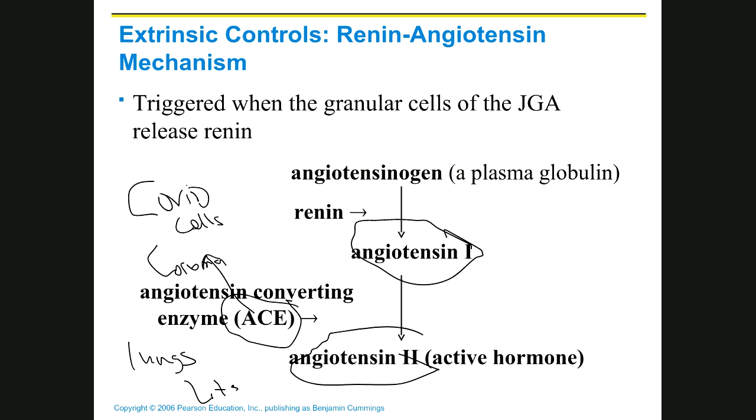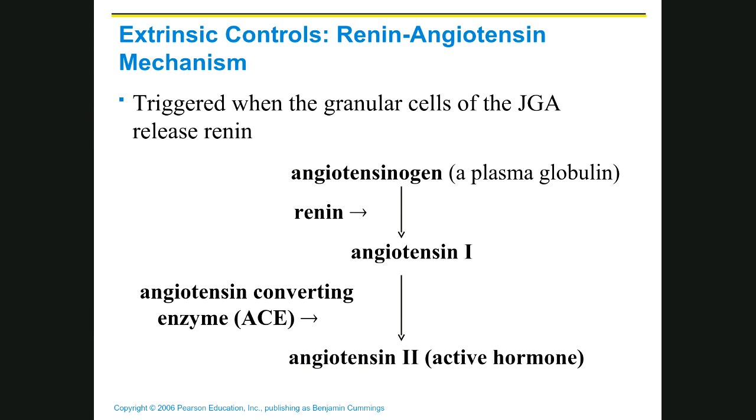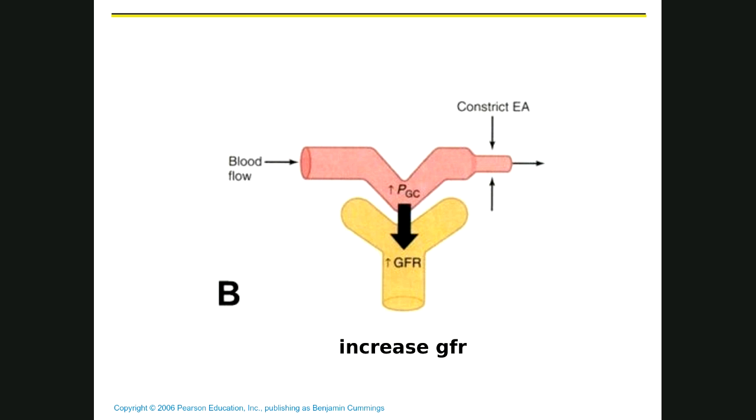If you've been keeping up with the whole COVID thing, first people said that just the lungs were involved, but now they're finding out lots of other organs are also involved. Any organ expressing this enzyme right here, usually called ACE, but it's angiotensin converting enzyme, any cell that's expressing that can be infected by that virus. Any questions?